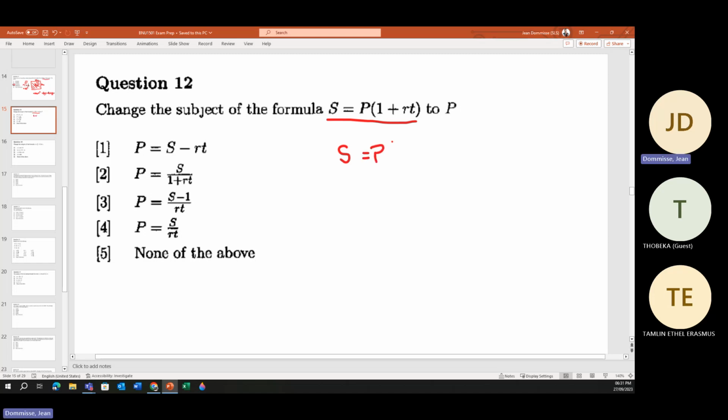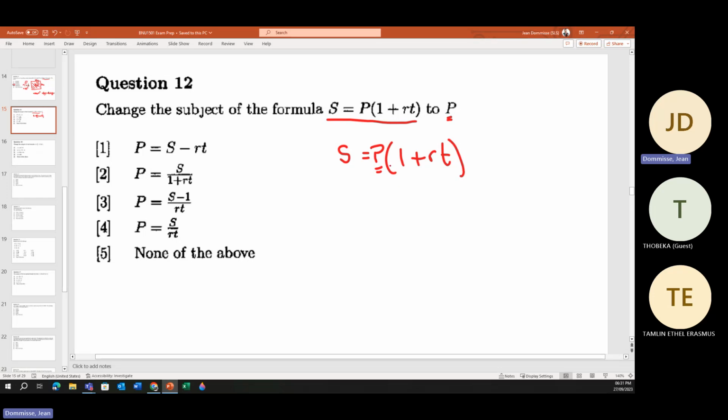So they give us the formula of the simple interest, where S was the one that we calculate, but now they want to make P the subject of the formula. So we will need to isolate P out of this formula.